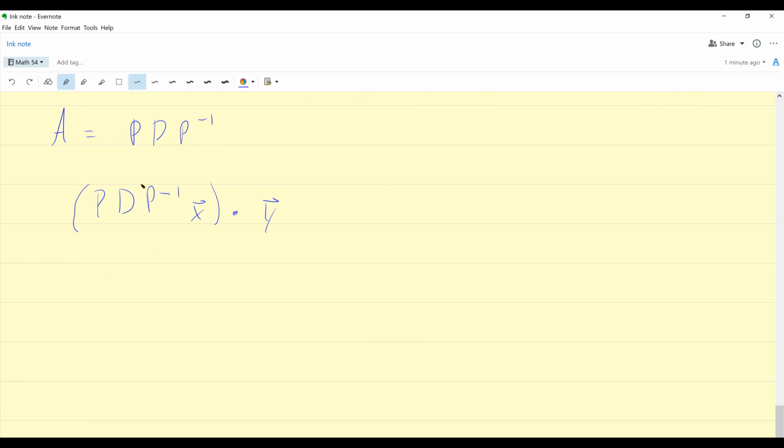But you could write it as PD times P inverse x. I'm not sure if that helps you too much with this problem. I think there might be a way to do it using this, but it might be a little bit more involved. You might need some other properties. Okay.